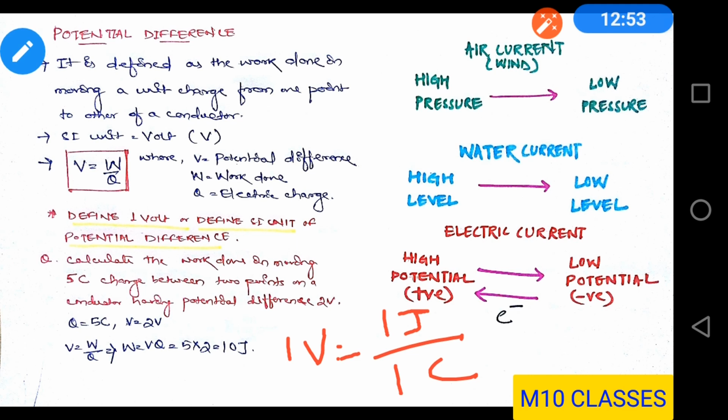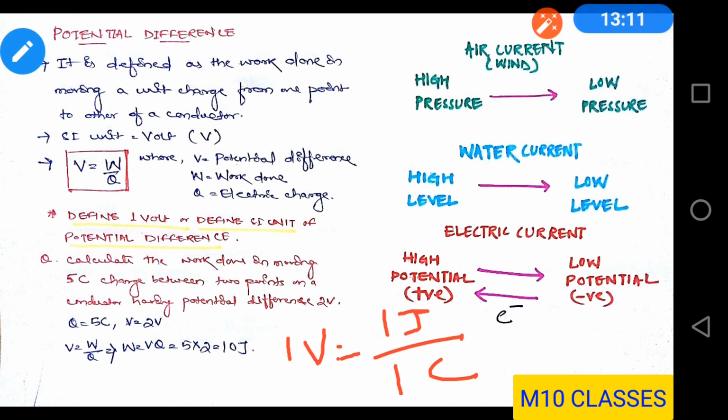You can say that the potential difference between 2 points of a conductor is said to be 1 volt when 1 joule of work is done to move 1 coulomb charge from one point to other, and that would be the definition.